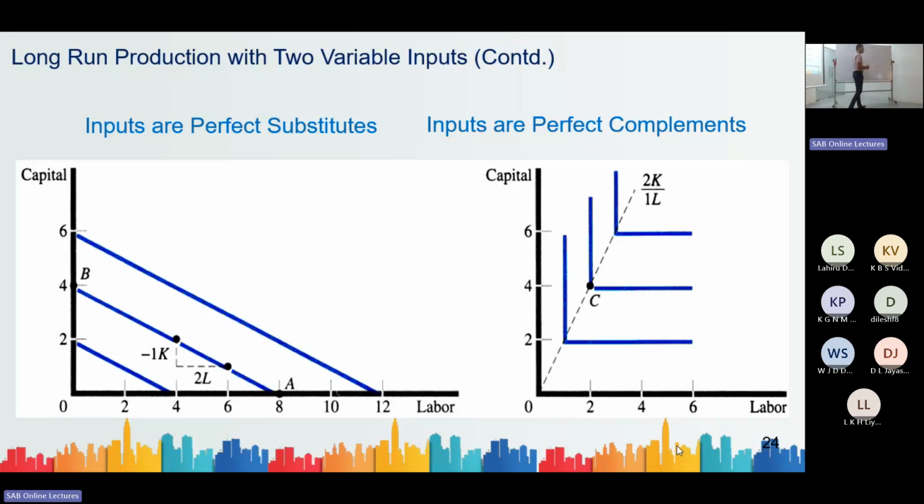When the two inputs are imperfect substitutes, they are not perfectly substitutable. They are substitutable, but only to a certain extent. That is the meaning of imperfect substitutes. So isoquant curves are convex to the origin for imperfect substitutes.